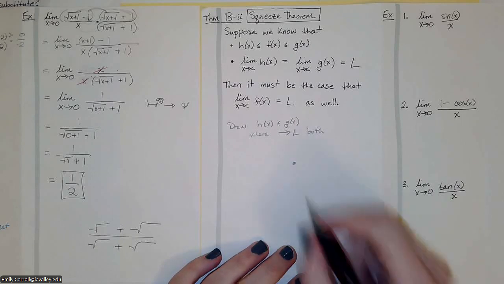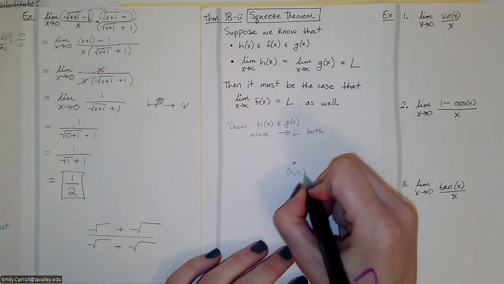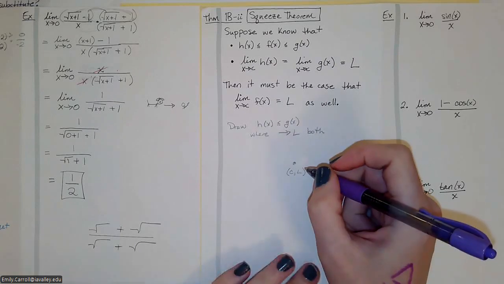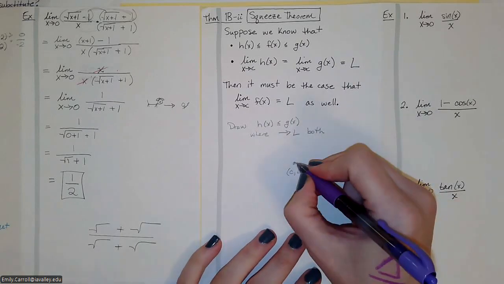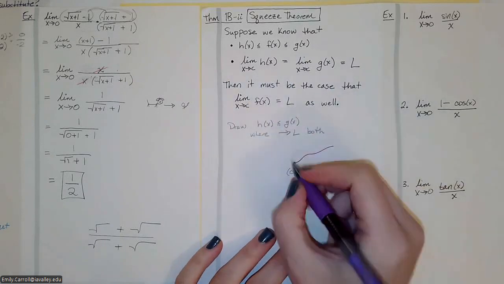This point right here, the x value is going to be c, and the y value is L. Let's draw g of x. g of x is the biggest one.